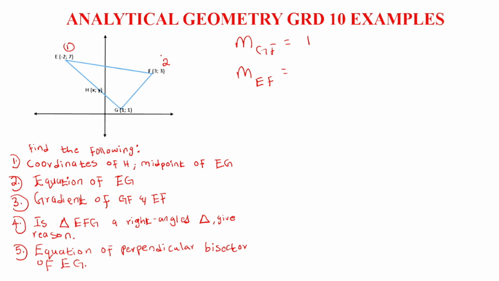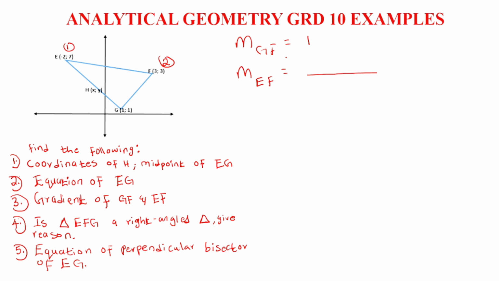Let this one's coordinates be number 2. I'm trying to use as many scenarios as possible so that you guys may understand. But if you don't understand, I suggest that you go and watch the lesson on analytical geometry grade 10, and also watch the first example that we did previously, so that you'll be able to understand. Okay, great stuff.